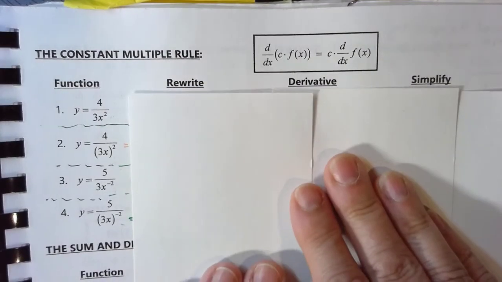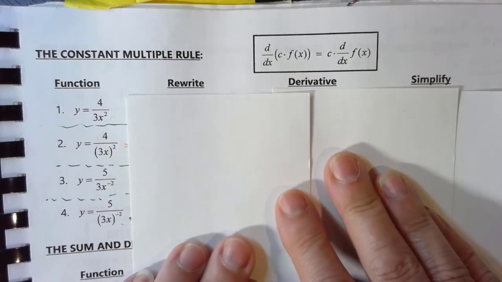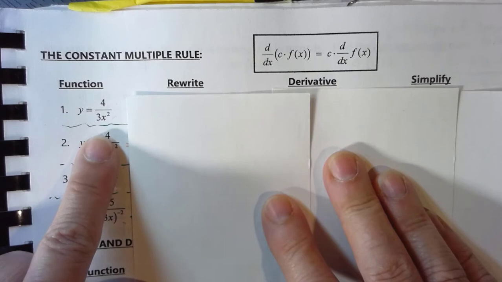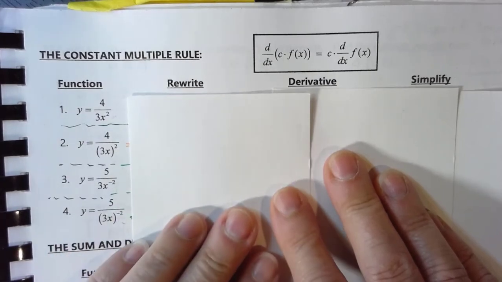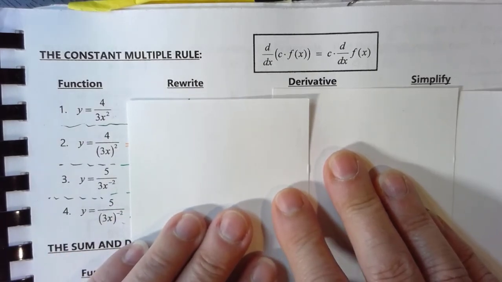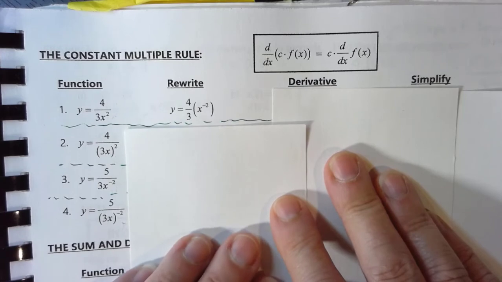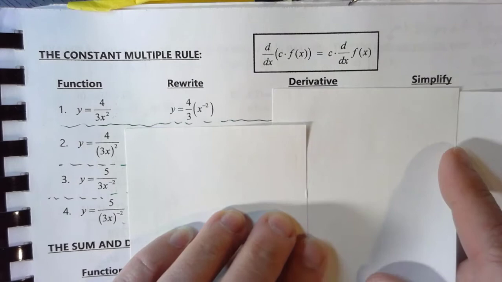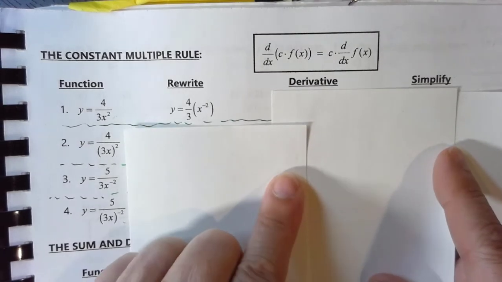Okay, well, now we're going to go through a process of working with derivatives. So first of all, we have our function y equals 4 over 3x squared. We need to write this so that we have an exponent on our x. So we want to rewrite this as 4/3 x to the -2. Now the derivative is our step where we make sure we're using all of our proper notation.